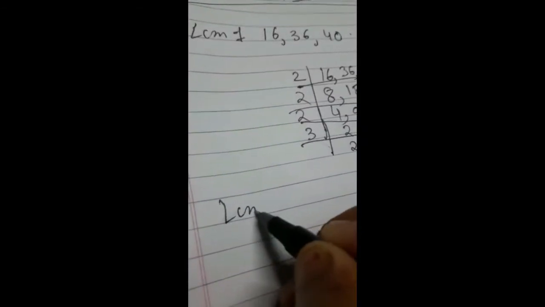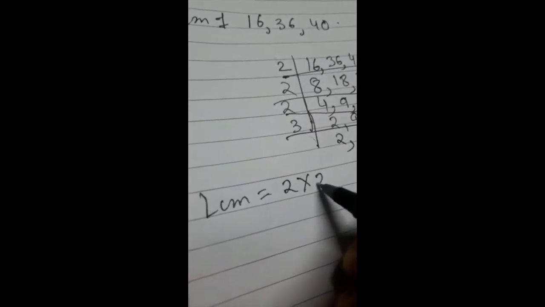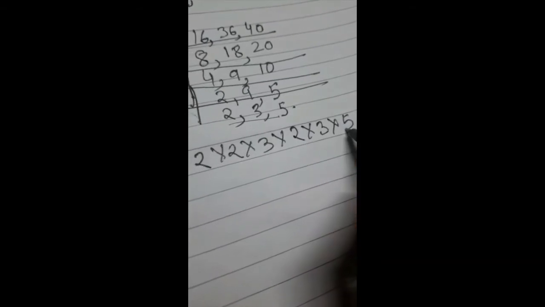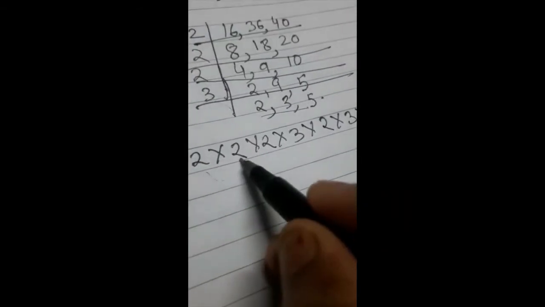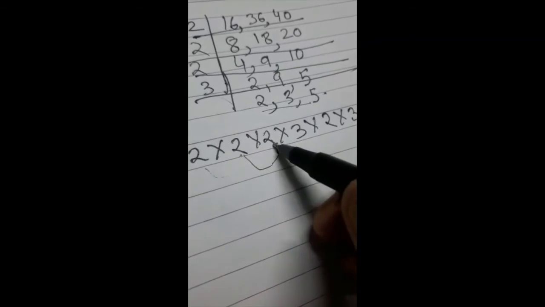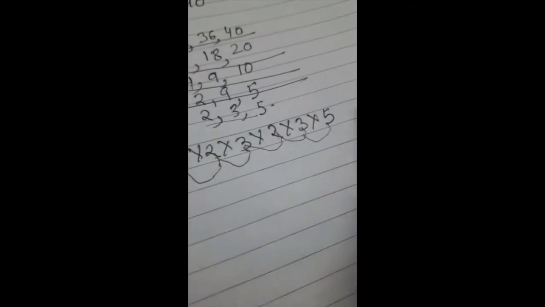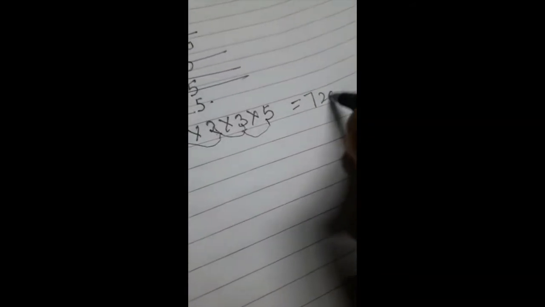All are prime numbers, so it is not further divided. So what is the LCM? 2 into 2, 2 into 3, 2 into 3 into 5. Now multiply that: 2 4s are 8, 24, 48, 240, and 720 is the answer.